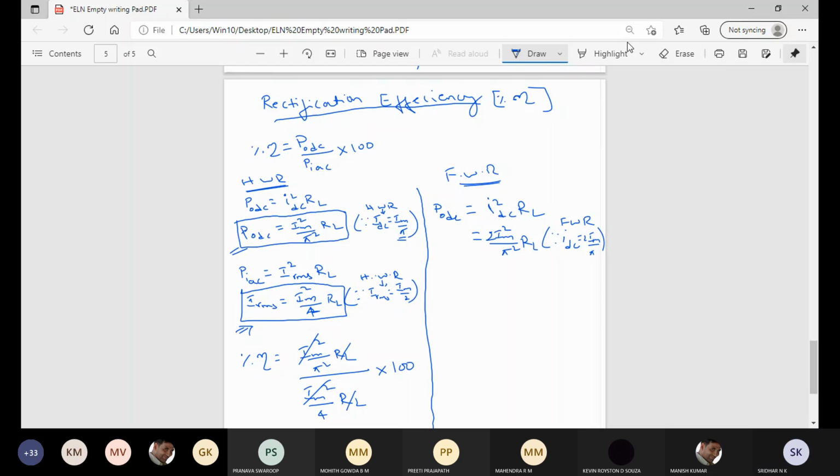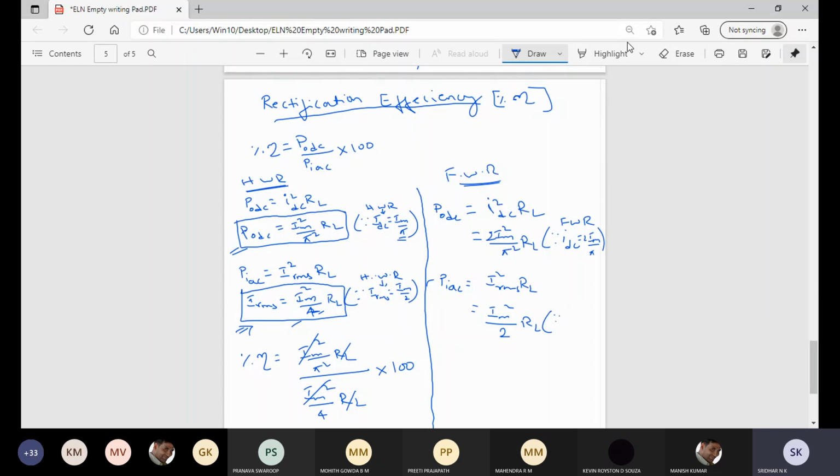Now this is PODC, so we need to find P input AC, which is nothing but I square RMS into RL, right? So what is IRMS for the full-wave rectifier? IRMS for the full-wave rectifier is Im by root 2. So Im square by root 2 square, nothing but 2, into RL, correct?